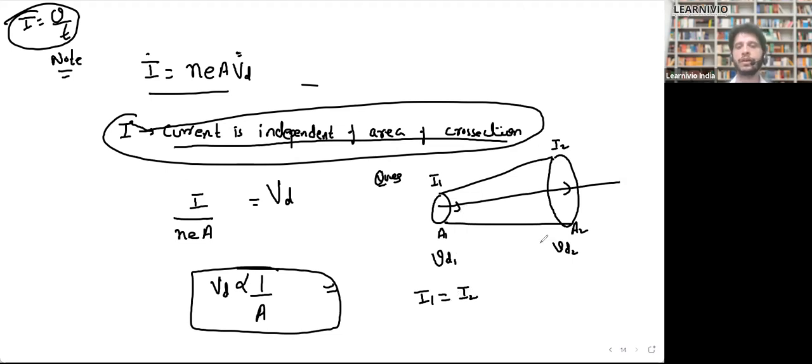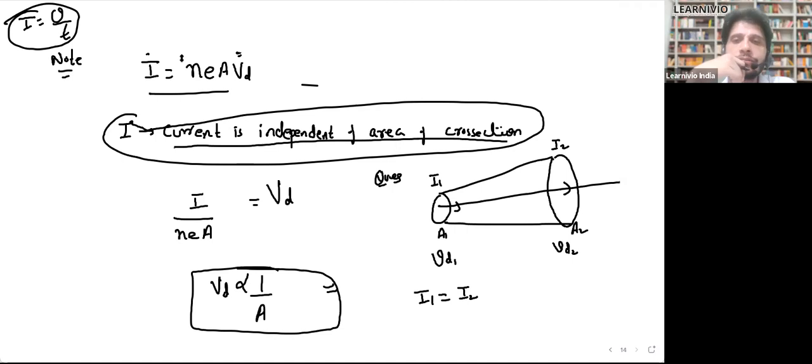Now compare VD1 and VD2, Shahzada. Which one is greater? Drift velocity at end 1 and drift velocity at end 2. Can you compare them? Which one is greater, Shahzada? So VD2. Why is VD2 greater?